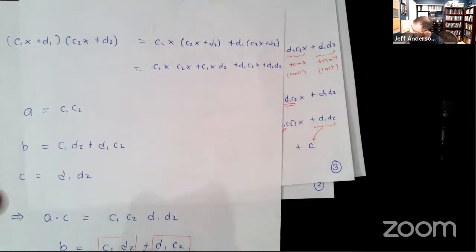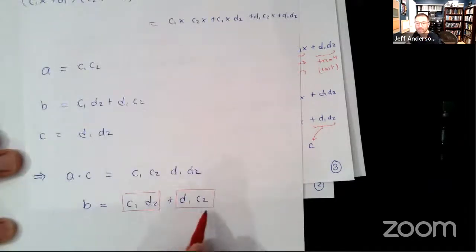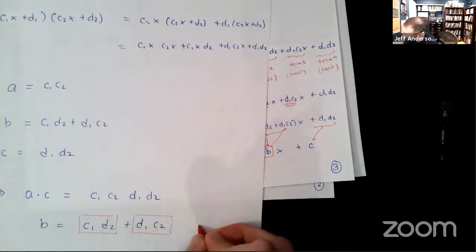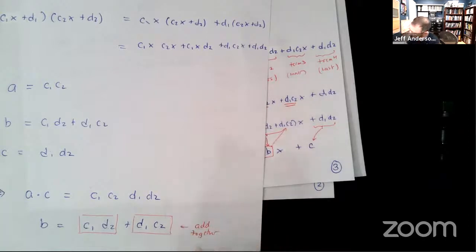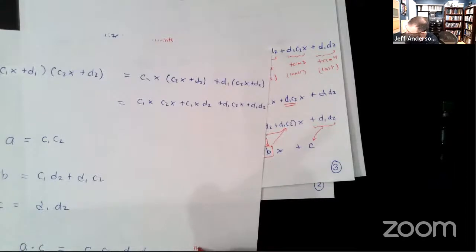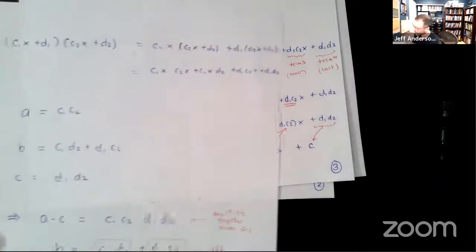If I add those numbers together, I get B. When I multiply C1 D2 times D1 C2, I get A times C. So add together forms B, multiply together forms A times C. Okay, well, let's go ahead and test that.